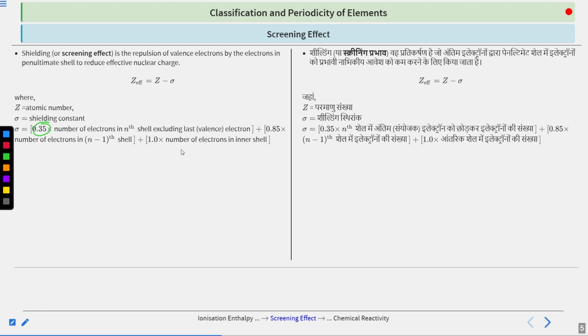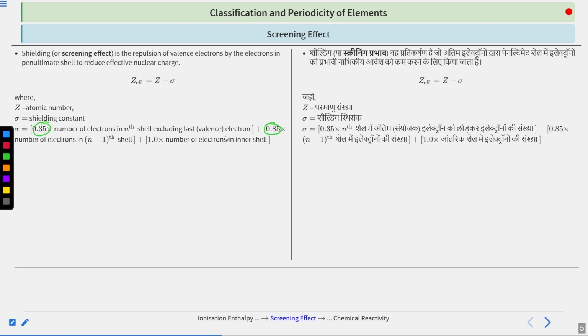Suppose you are removing an electron from the third shell, and the second shell has 8 electrons. Then you multiply 8 into 0.85 and add it. Last is plus 1 into the number of electrons in your shell.